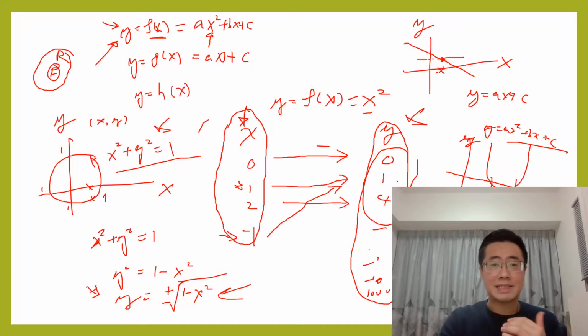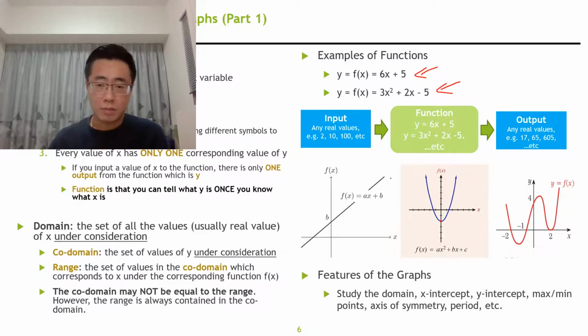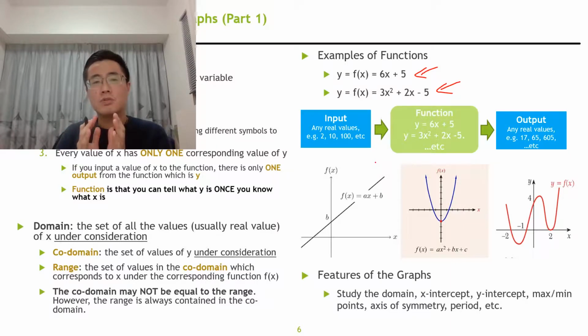Now, here are some examples of functions. You're quite familiar now with the linear functions here, and also the quadratic functions here. And on this part, it shows the graphical representation of the functions. In the graphical representation, we usually study the features of the graphs like the domain, the collection of the values for x, as reflected on the x-axis here, and also the range here, which refers to the set of values under the functions here.